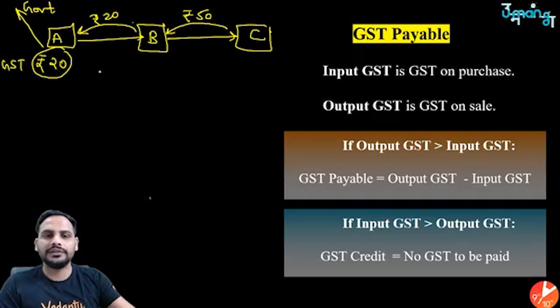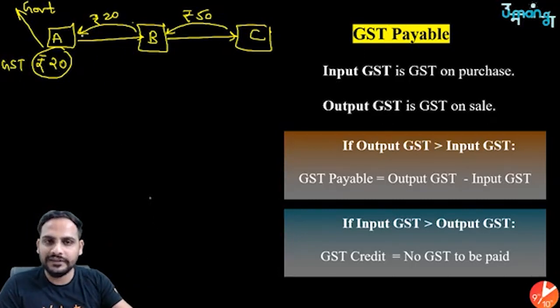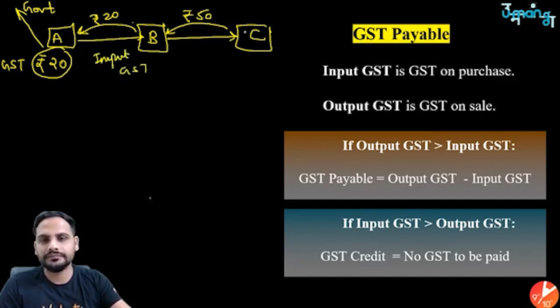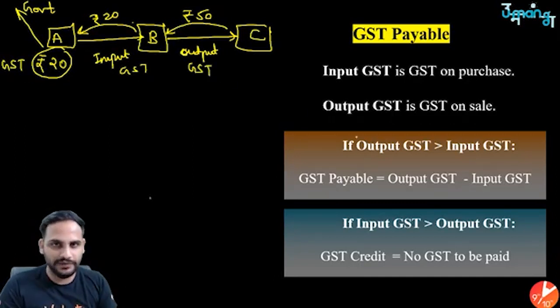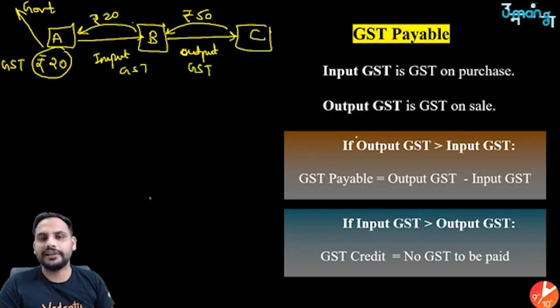So this part which B has already paid is called input GST, and the tax, rupees 50, which B has got upon selling it is called output GST. Input is when you buy something, whatever GST you pay is your input GST. When you sell something, whatever GST you get is your output GST.